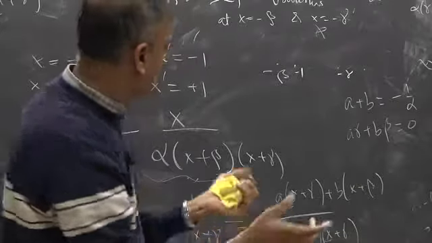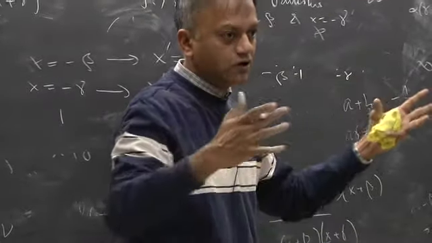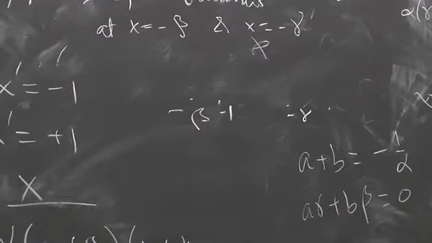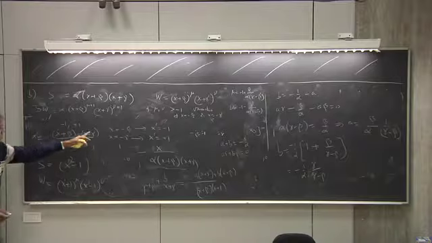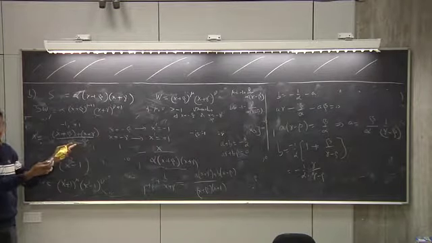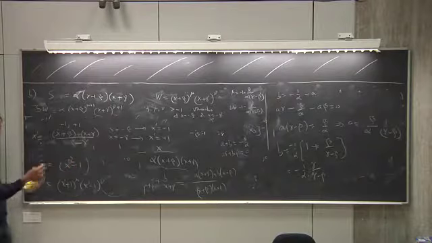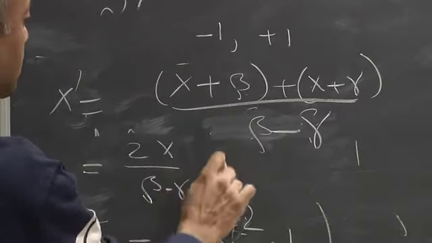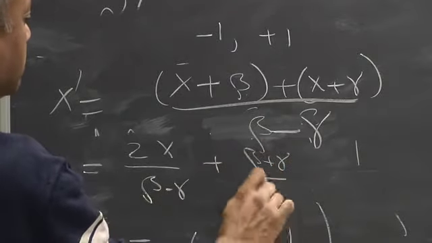It's always possible to fix the interval by scaling also. I'm also allowed to scale. So this is a precise linear transformation, because there is x times a constant plus a constant. X prime is equal to 2x over beta minus gamma plus beta plus gamma divided by beta minus gamma.